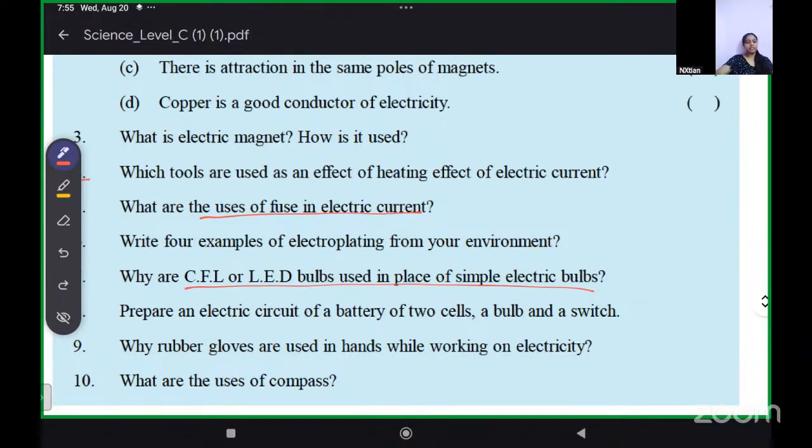Yes, it prevents electric shock. Why? Ma'am, because the rubber gloves protect workers from dangerous shocks that could be fatal by blocking the path of the current, I think. By blocking the path of current.